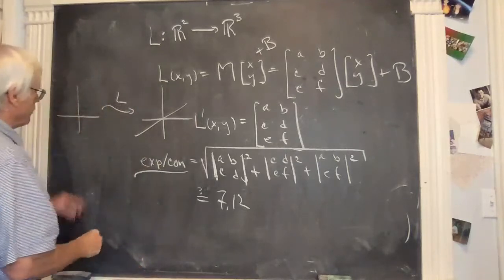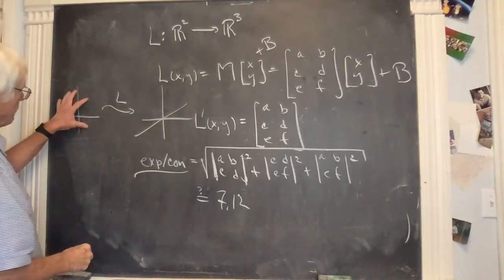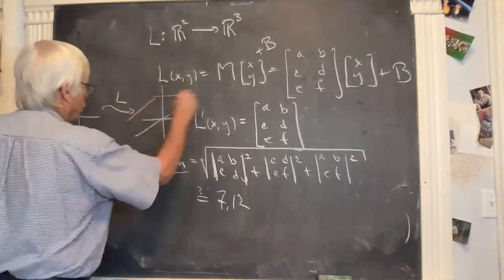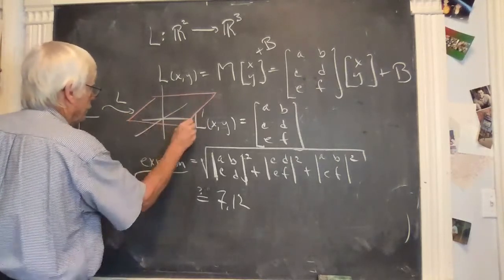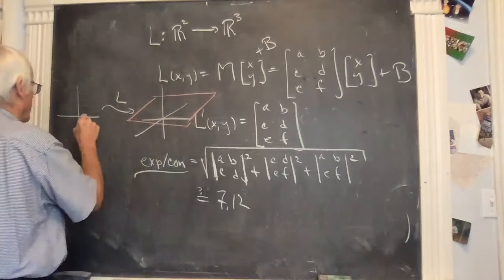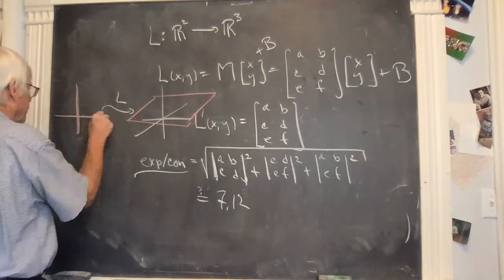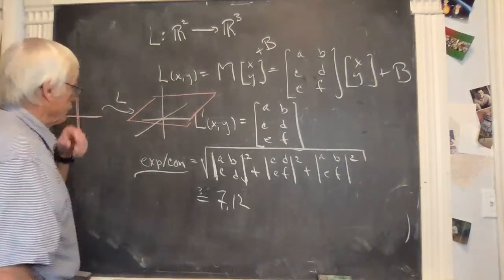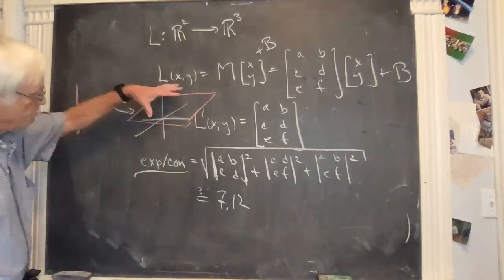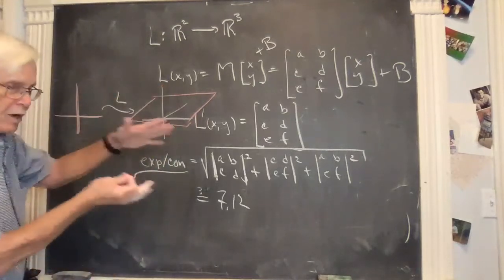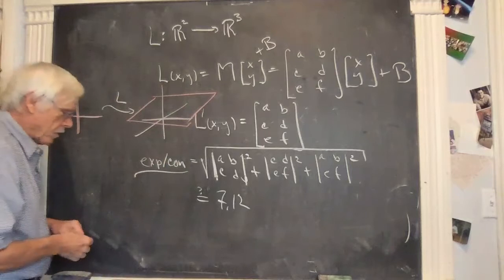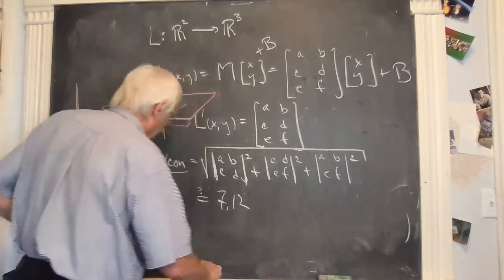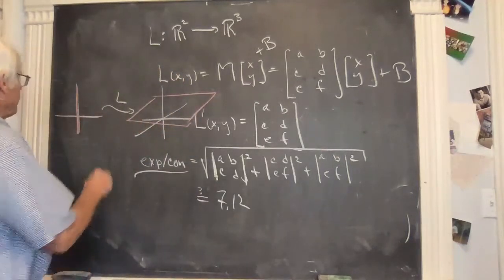Because it's a linear transformation, L will pick up this plane and put it somewhere here. If it's a linear transformation, it will go through the origin. If it's a linear function, it doesn't necessarily go through the origin. It picks it up and puts it here, but in the meantime, it can jam it around and shift it in some way.